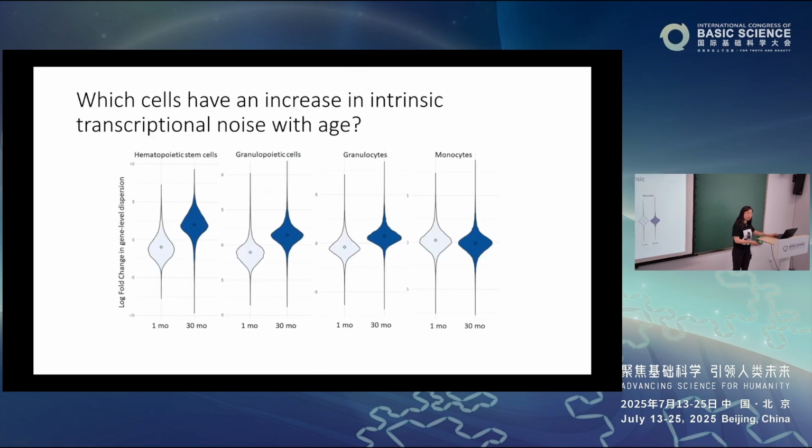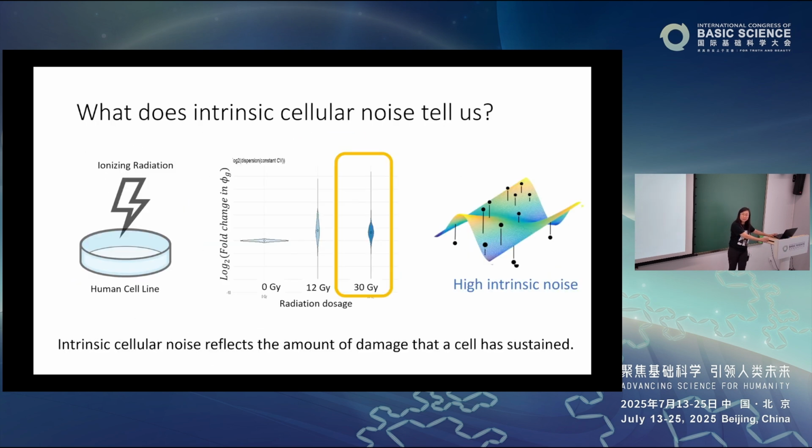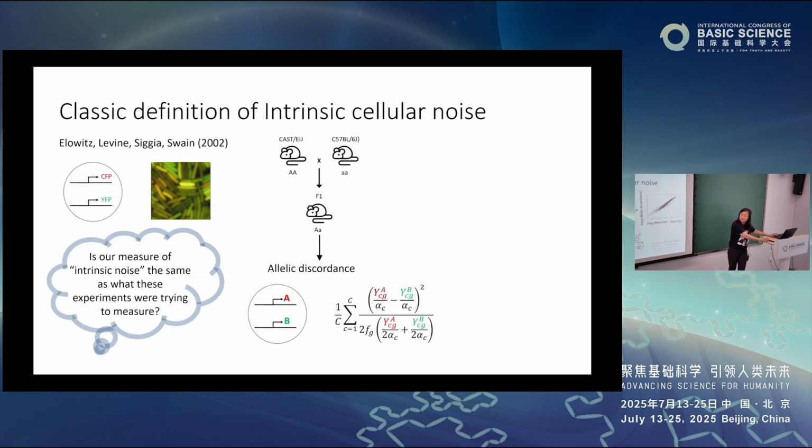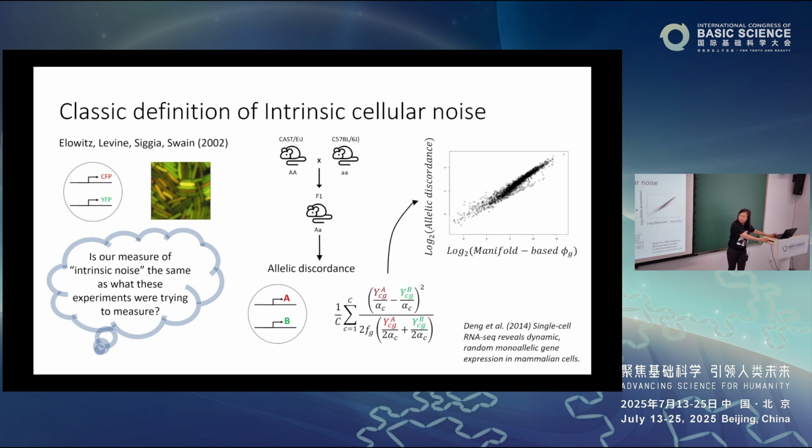So what happens when there's true allele-specific differences between the two alleles, right? Then it will be a mean difference, not a variance difference, right? So that's what you're asking. So yes, there would be genes where there is allelic discordance that is not due to intrinsic noise, but due to differences between the two.